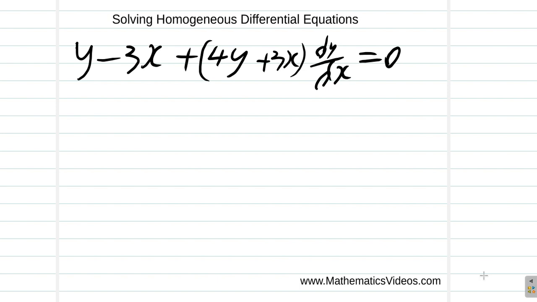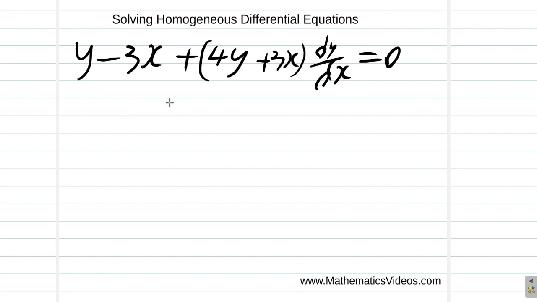So now, let's look at what's going on. We have y minus 3x plus (4y plus 3x) dy by dx is equal to 0. Remember, with a homogeneous differential equation, you cannot solve it by direct integration.